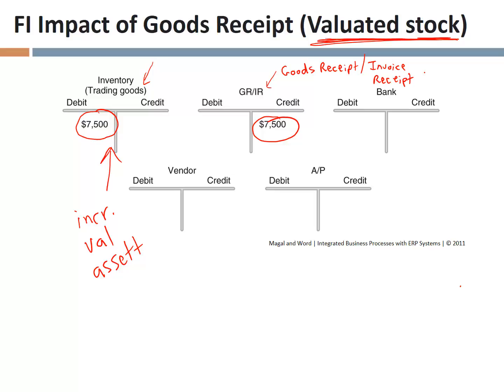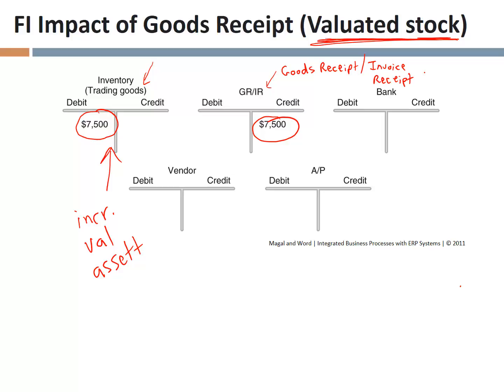Very important sequence here to realize, and keep in mind that literally somebody on the loading dock keys in what we just got in, presses save, and this happens instantaneously as a result. Okay? So that's an example of information going into our general ledger without the person doing the work necessarily even realizing that that happened.